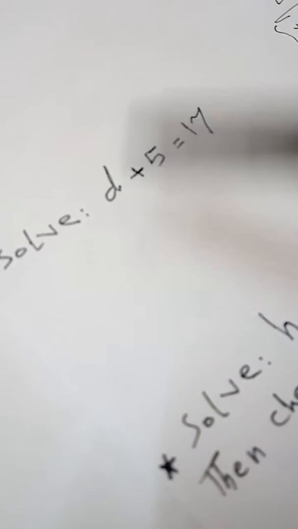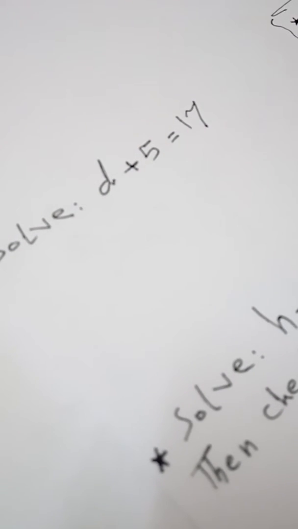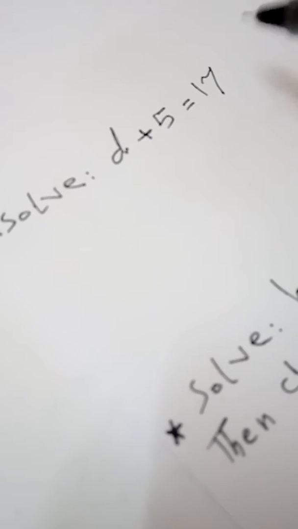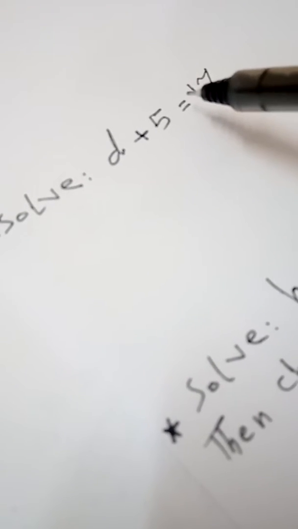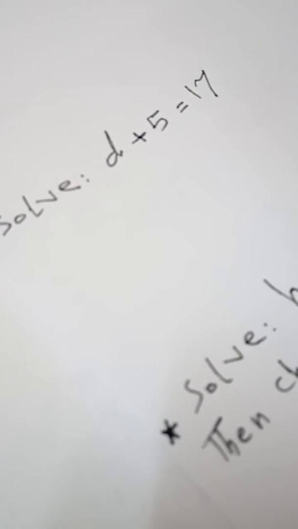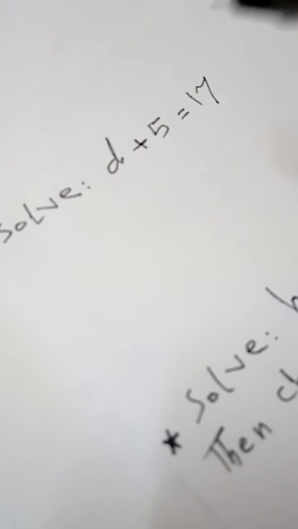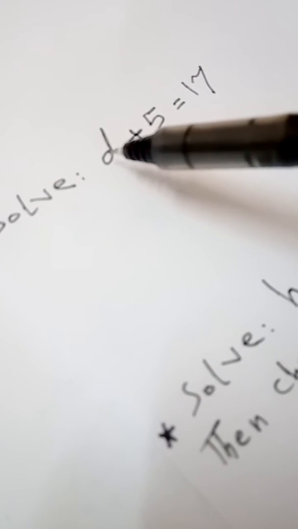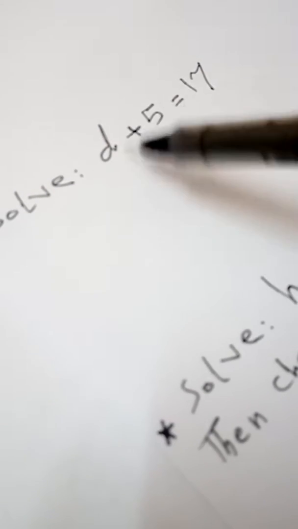Here we have: solve d plus 5 equals 17. I can solve it mentally and I can use a rule. You must always know, when you want to solve any equation, the variable d must be alone on its side.